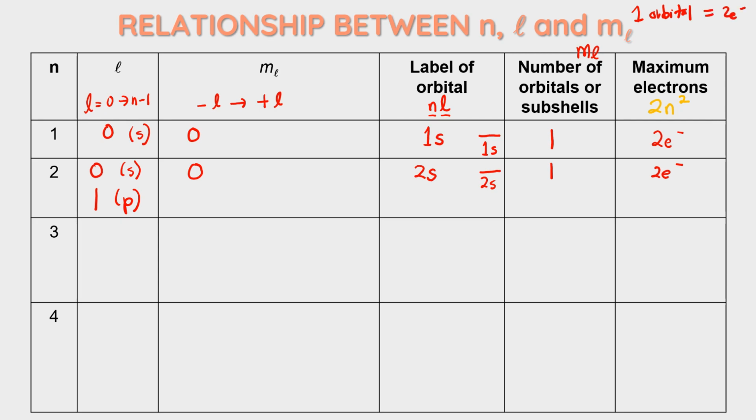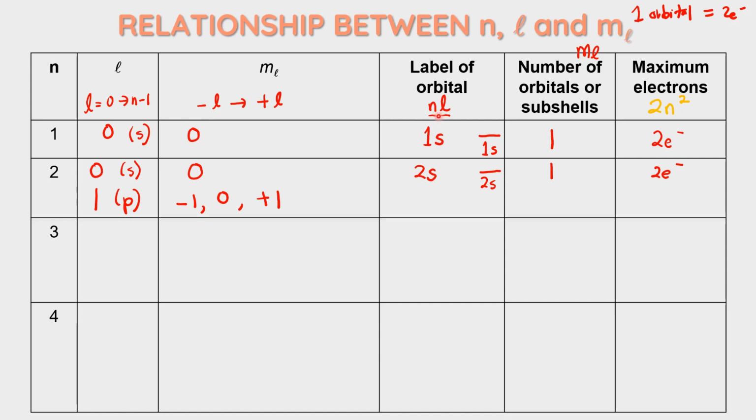Okay, let's move to n equals 2, L equals 1. So, for n equals 2, L equals 1, the ML value will be from -1 until +1. So now you have to list down all numbers from -1 until +1. So how many numbers do you have? We have 3 numbers. Okay, we go to the level of orbital first.